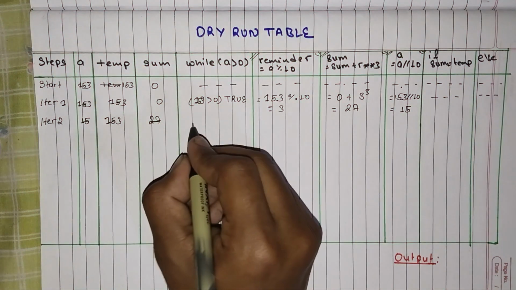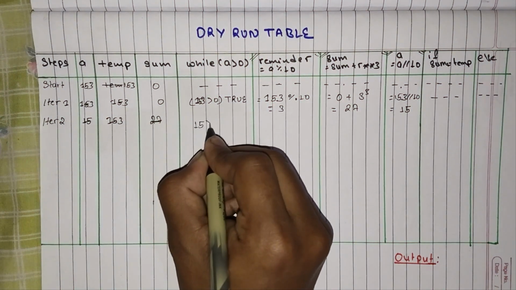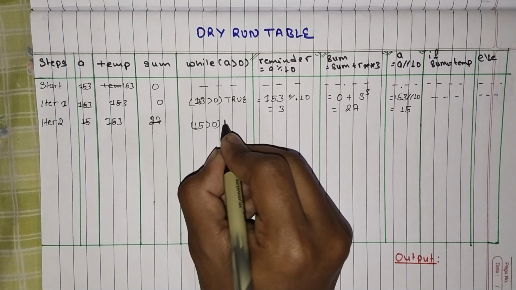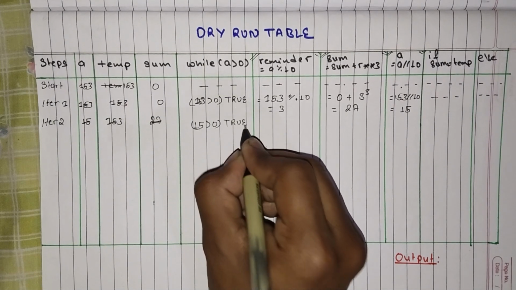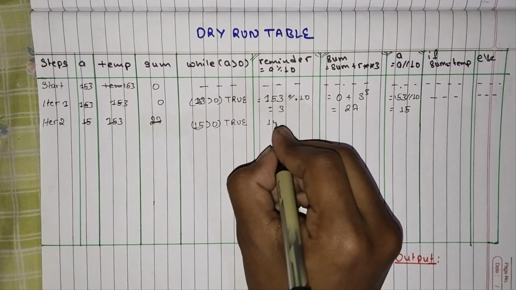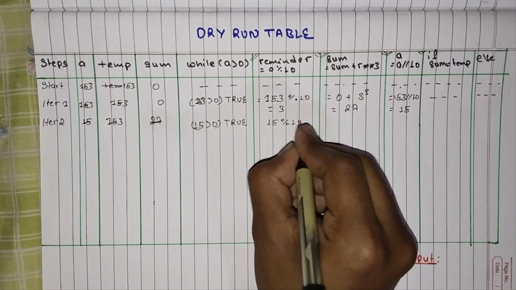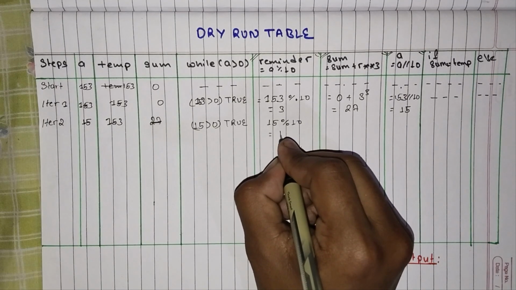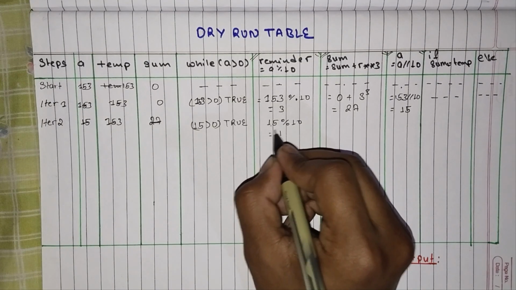which came over here, you can. Again it will check if 15 is greater than 0. As it is, it will write true. The condition will be true. Then 15 modulo 10, that will be 1.5, right?